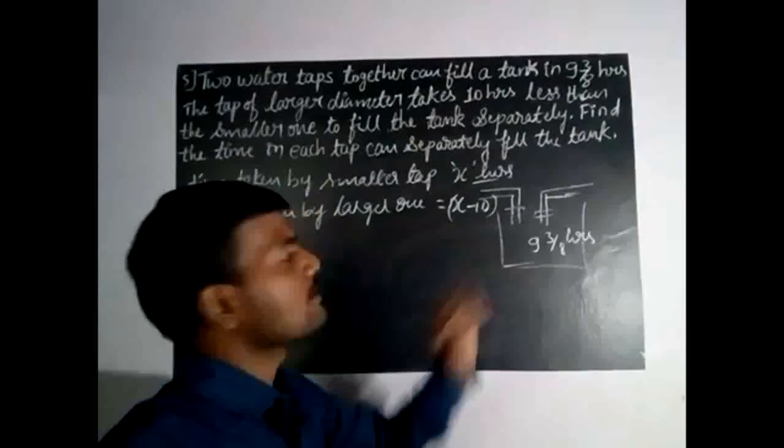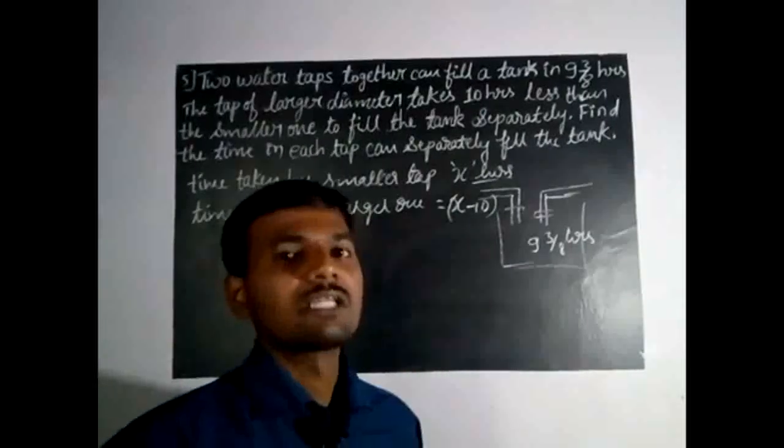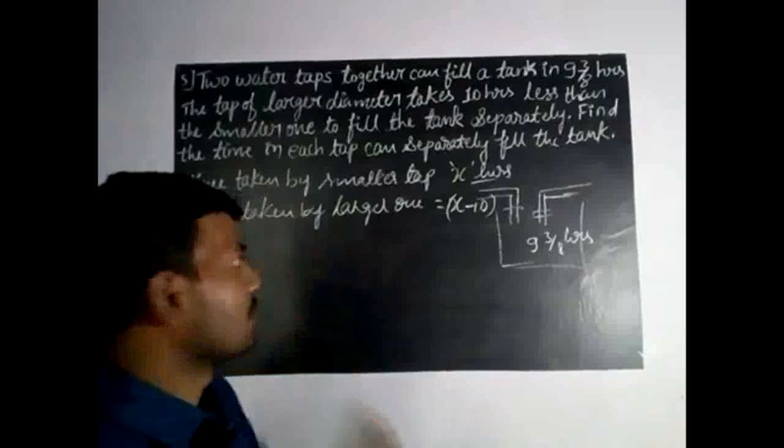So x minus 10 hours is taken by the larger one.